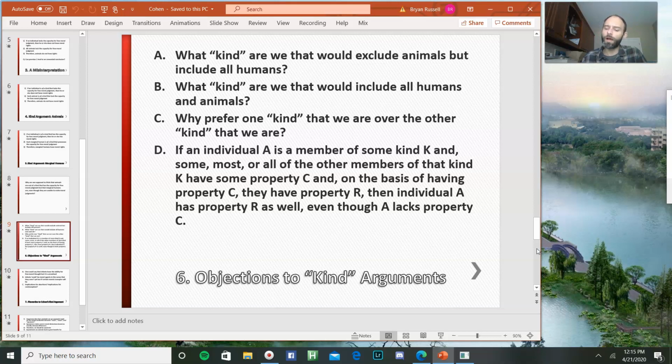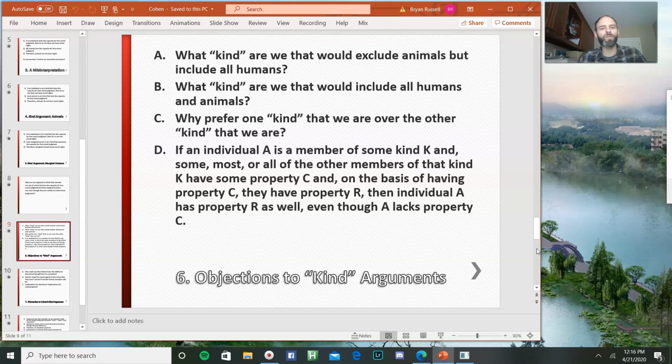So the lion gets rights even though the lion doesn't have free moral thought, because it's of a kind, vertebrates, and some of the members of that kind have this capacity for free moral thought. Now, all of the members that have the capacity to recognize rights, have free moral thought, are human beings, but why is species the morally relevant kind? Why aren't any other kind the morally relevant kind?